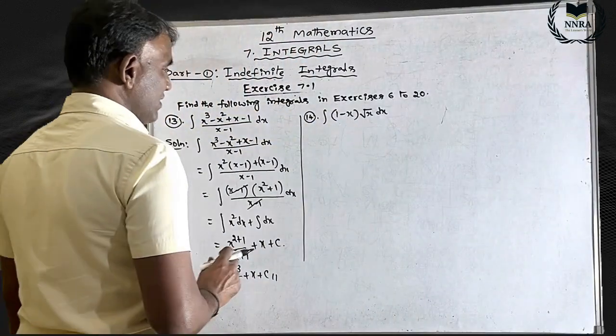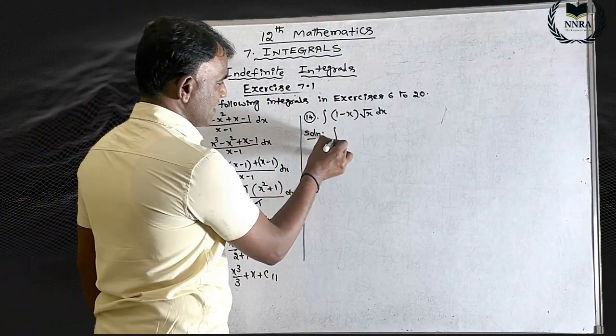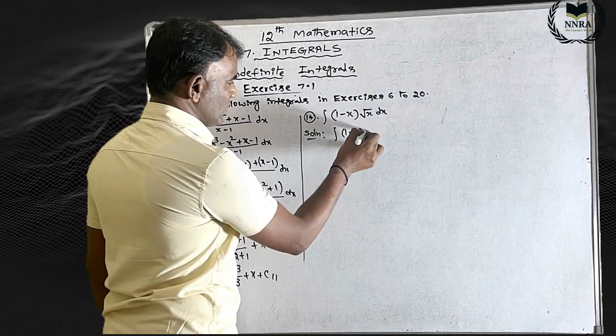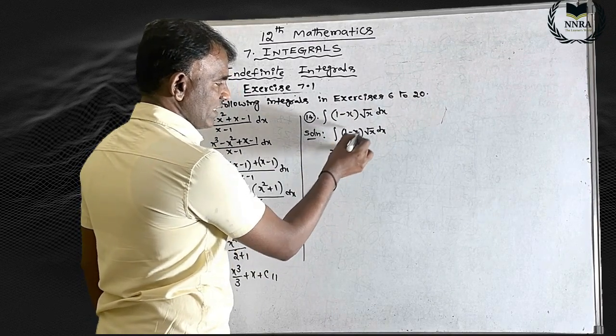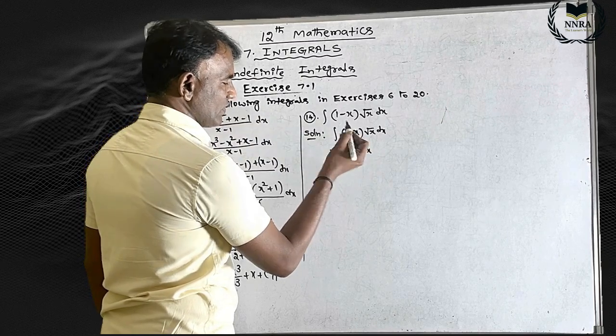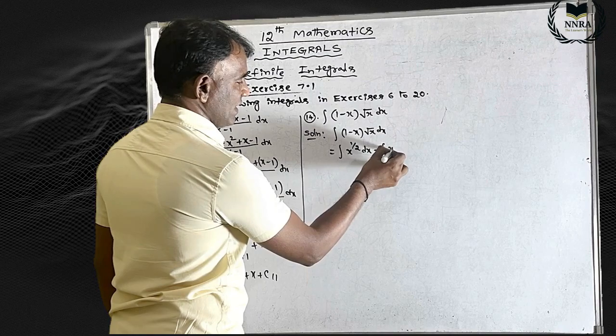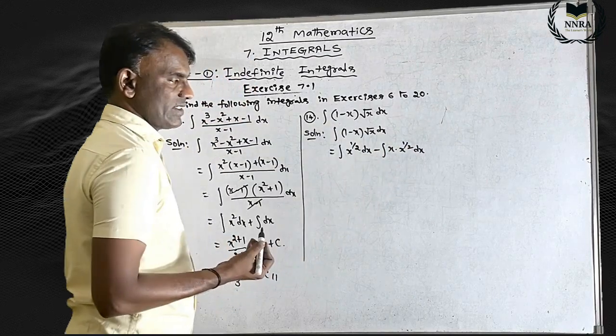Question number 14. So the given value is integral of 1 minus x into root x into dx, right? So how to write it? Integral 1 into root x. Root x can be written as x power 1 by 2 and minus x into x power 1 by 2 into dx, okay?